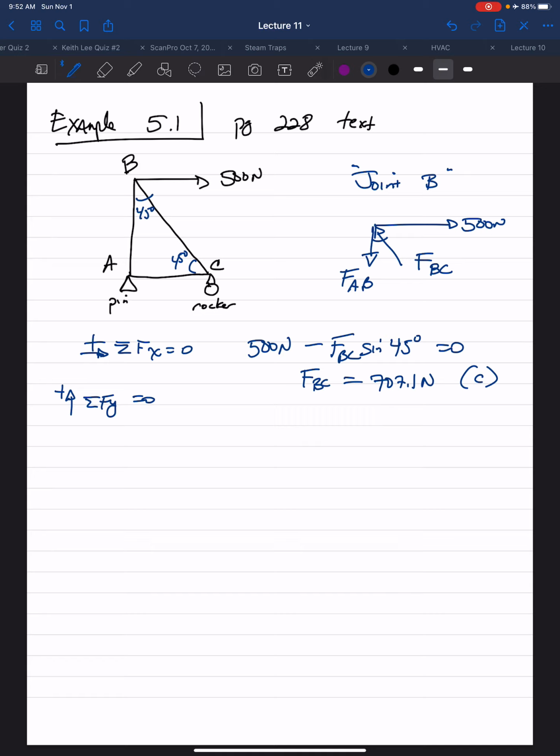We want the y component of that force, which would be cosine of 45 degrees. That's 707.1 newtons times cosine of 45 degrees minus FAB. Solving for FAB, FAB equals 500 newtons. And now this force is pulling from the joint, so this is in tension.